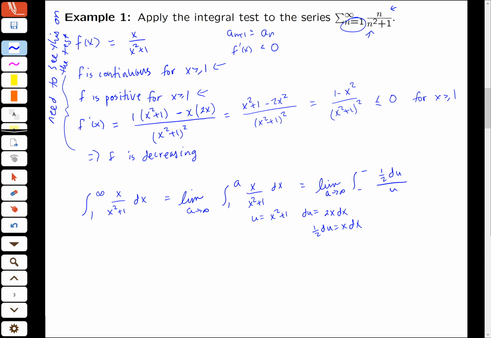So what do we do with that 1/2? Pull it out in front. So I have the integral of du over u. What's that integral? Not 1 over u. Yeah, natural log of u. Natural log of the absolute value of u. Back substitute.